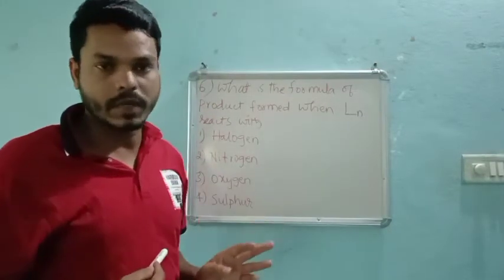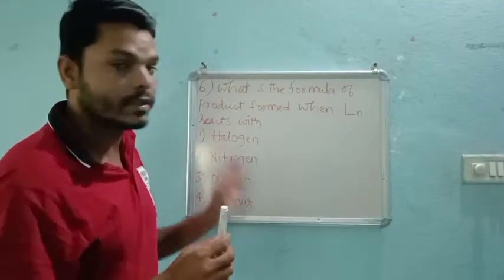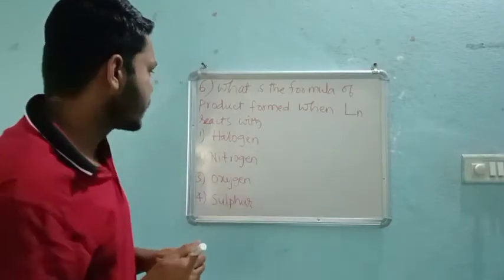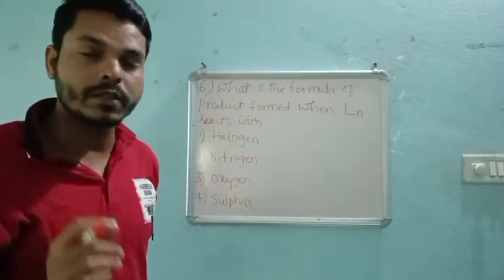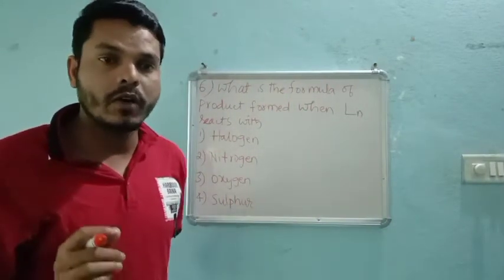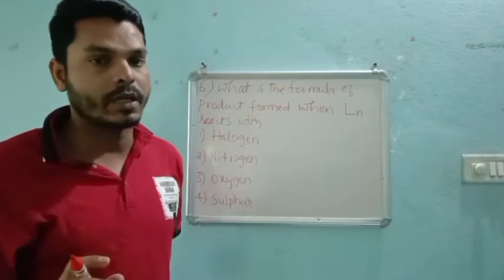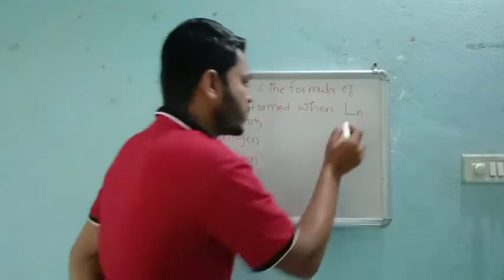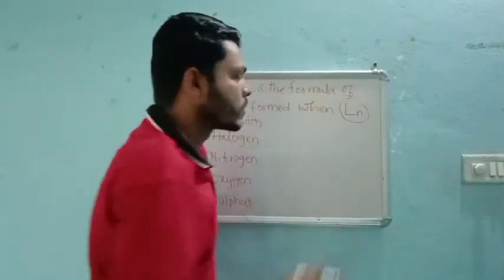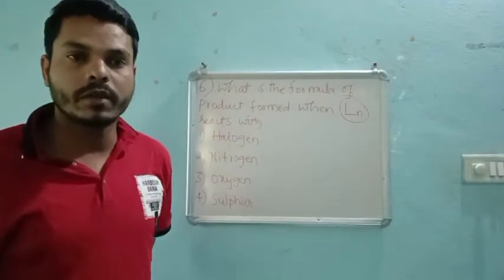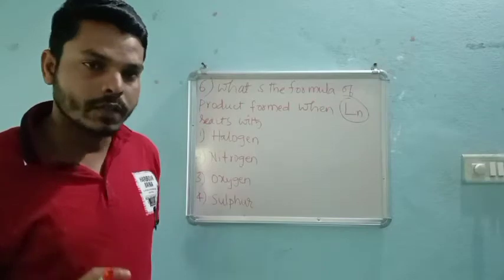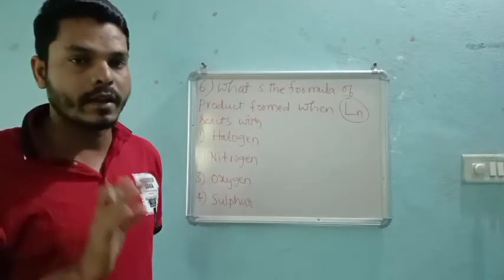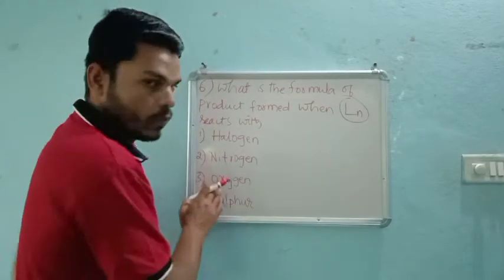Understood? The question is very simple. To solve this question, we must know the common oxidation state of lanthanide. Just now we saw that the common oxidation number of lanthanide is +3. So keeping that in mind, we have to move on, right?